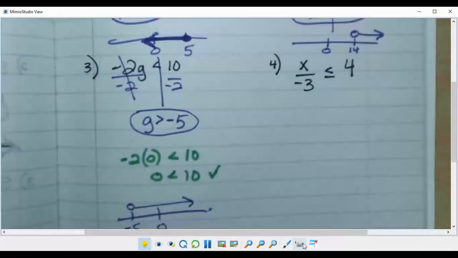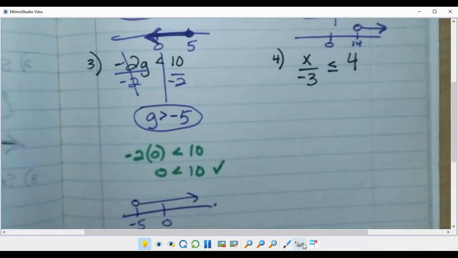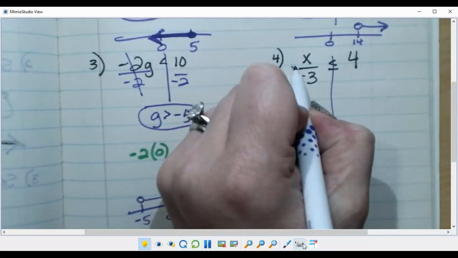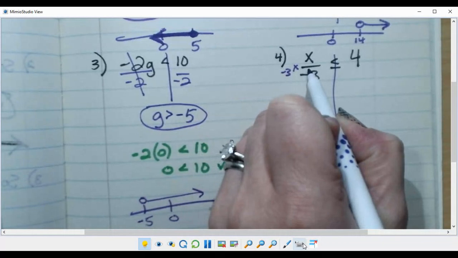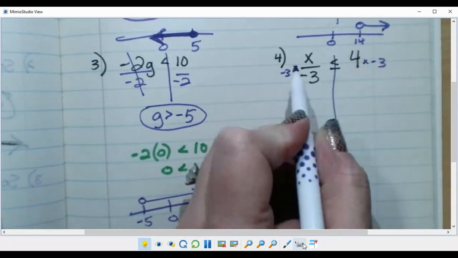So the original problem here is x divided by -3 is less than or equal to 4. Again, they all start off the same way. We're going to undo what I see. Since this is division, I'm going to multiply by the number that's attached.